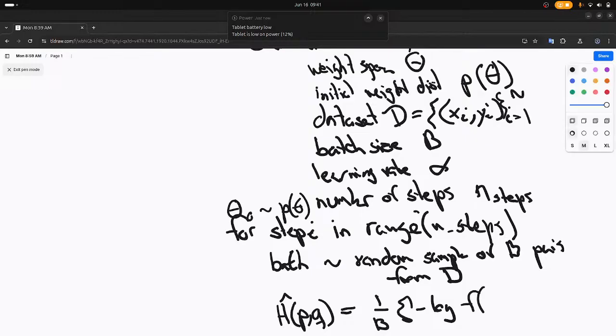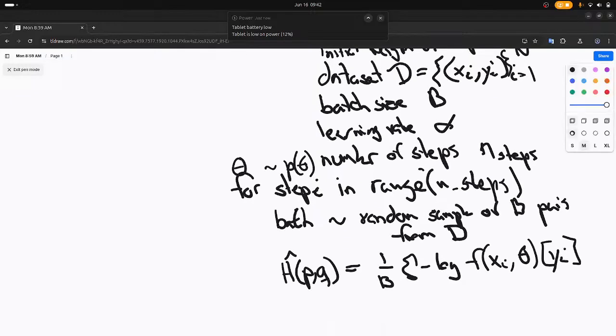F of xi and theta. I'm just going to remove this. I say that this is theta always, and then I take the ith entry.